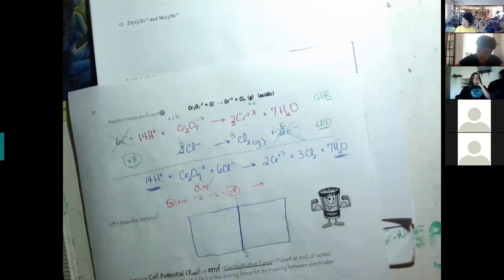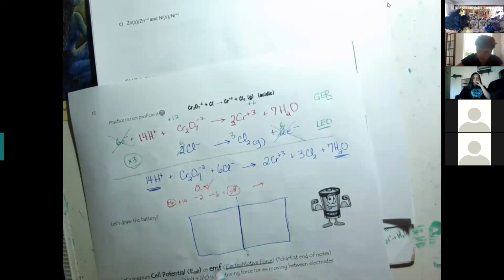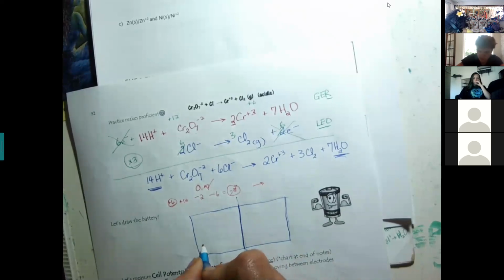I don't like this way because of where we're going. I like to have them split into 2. So in a battery, they are split, and you put it in your flashlight, and that helps to complete the circuit. All right, let's go ahead and write your full half reaction in there.